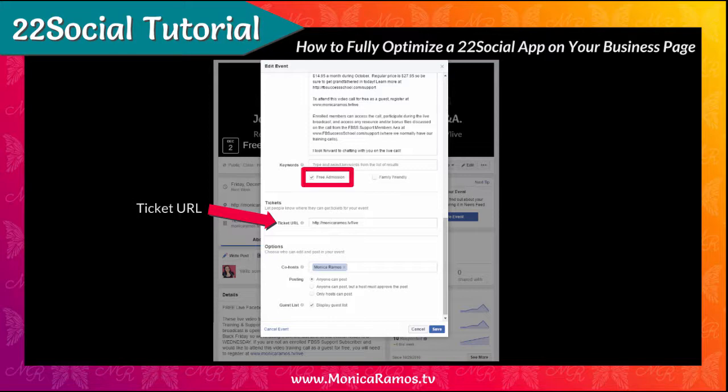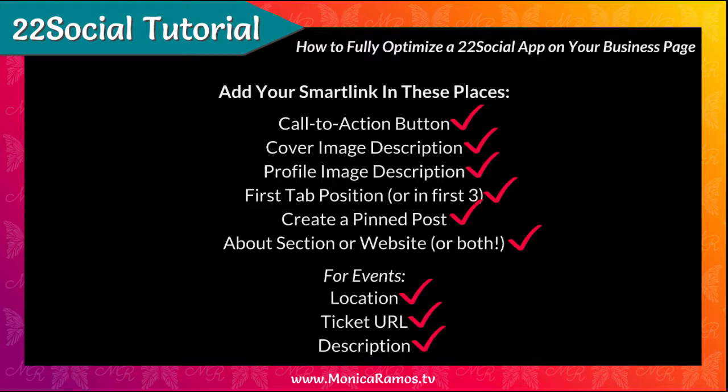And if you want, you can even check the box that says free admission, so that you're indicating that you're not charging for the event, but there is a place where you want them to go to at least register for free, if that's how your event is set up. So just make sure if you're doing this, you can also have a little bit more exposure for your smart link and get people over to your app.